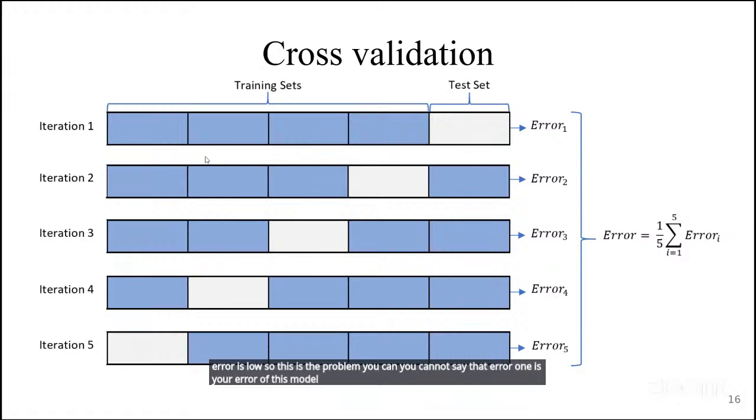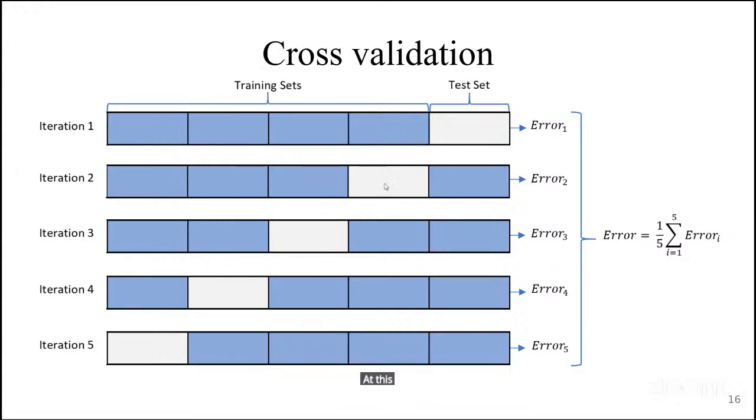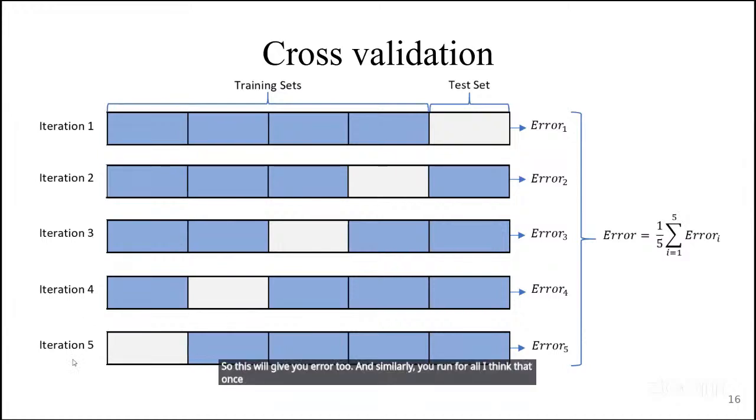So what you do is, the second time you make your test data set this point, this gray color box in iteration number 2, and you have 4 data points here. You train on these 4 data points and report your error on this. So this will give you error 2. And similarly, you run for all data points. You make every data point part of the test set once and train on the remaining.